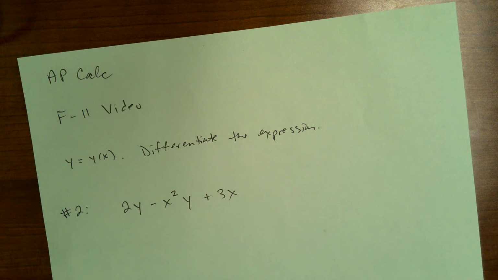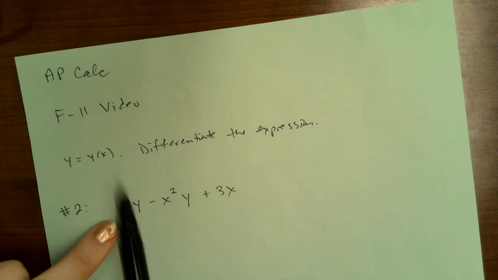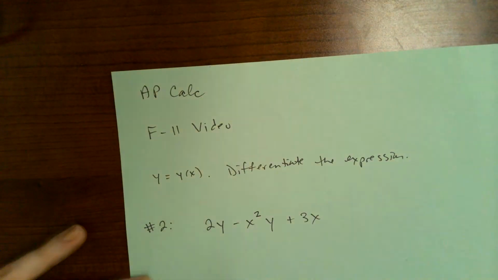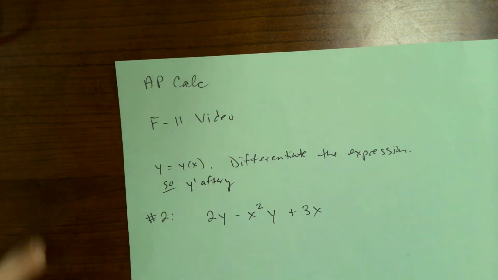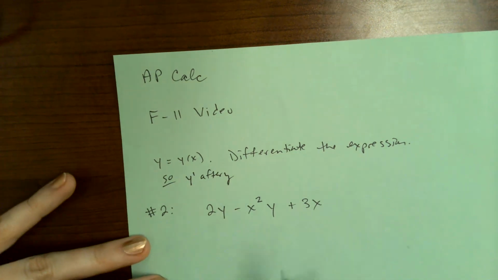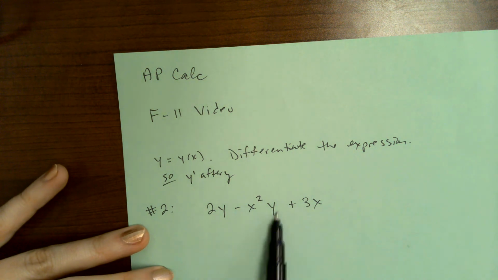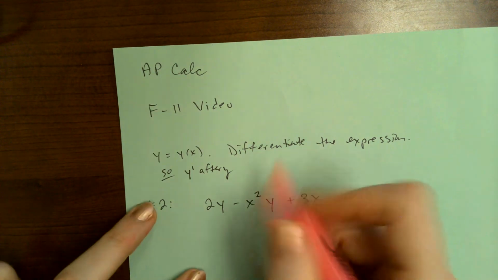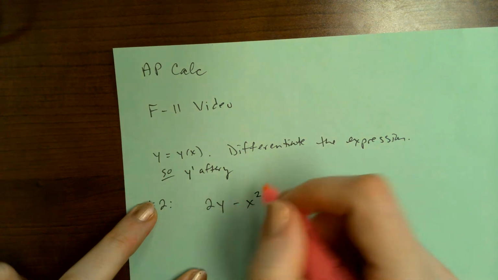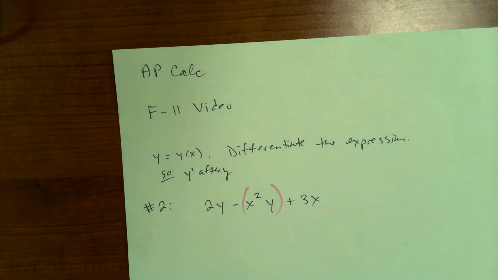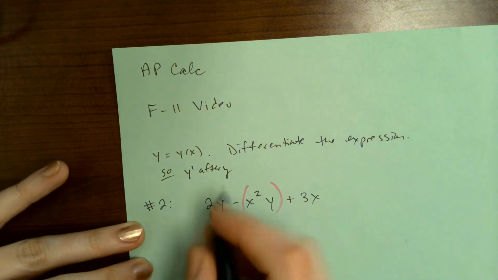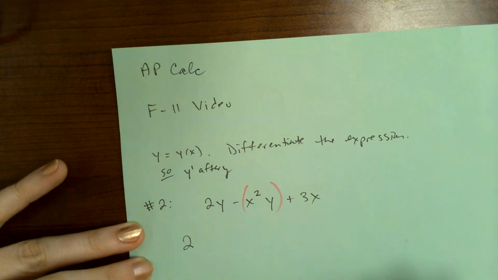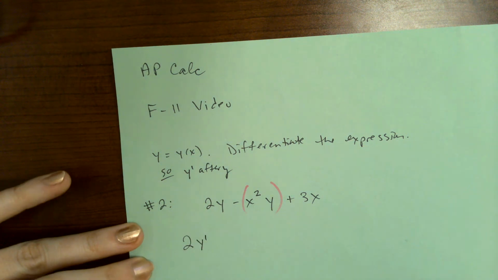All right, let me try two different ways. We know that y is equal to y of x, so we're going to need a y prime after a y derivative. I'm taking the derivative of every term. I notice right away that I'm going to need product rule. The derivative of 2y, the normal derivative is 2, but a y prime needs to follow a y derivative.